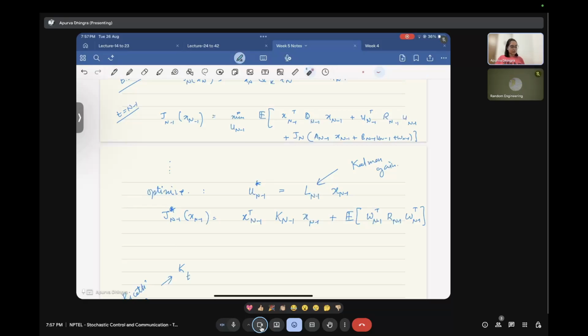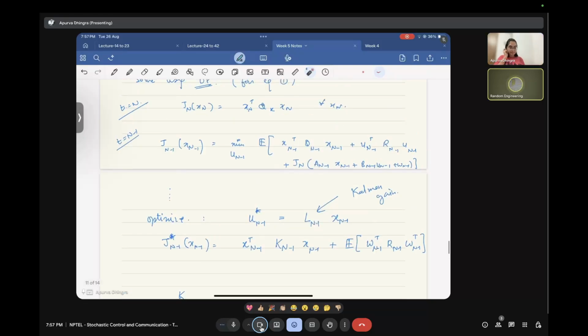But notice there was no effect of the noise when the optimal policy was getting chosen at time step n minus 1. In general it is k, but here, for the first one, it is going to be r only. Or Q? I think Q makes more sense. Q of n, because it's the previous one.